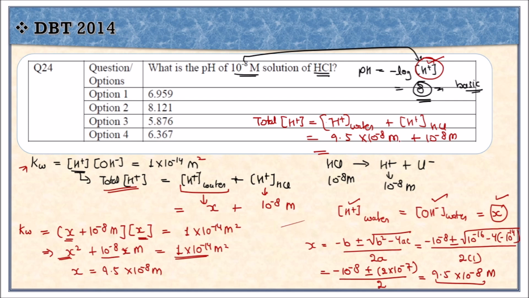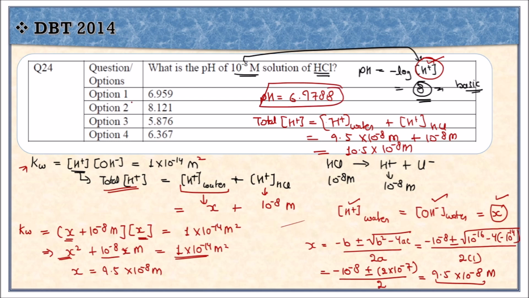Okay, if we add these two values, what we will get, we will get 10.5 into 10 to the power minus 8 molar. Okay, so if we find negative log of this value, negative log bracket 10.5 into 10 to the power minus 8 bracket close, this is giving us a value, so pH is 6.9788.